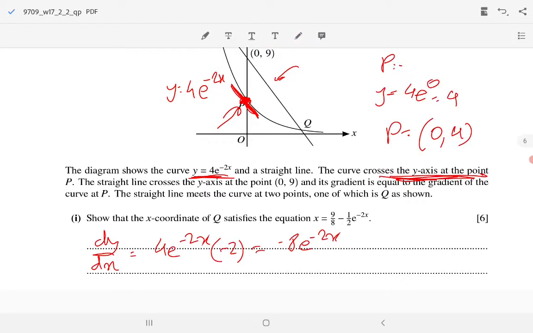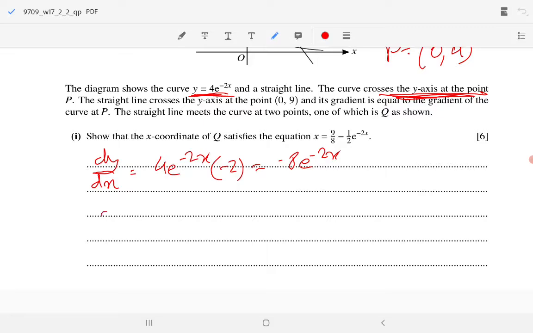So we just need to find the gradient at point P, which is dy by dx at x equals 0, or y equals 4, it's the same thing. So minus 8e raised to 0, which is equal to minus 8.